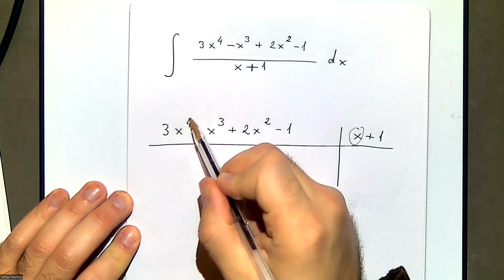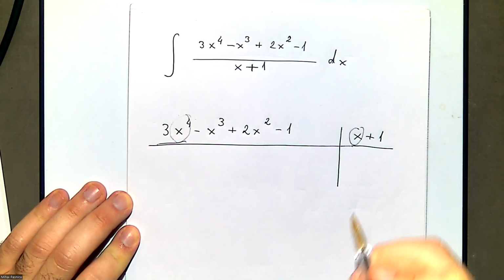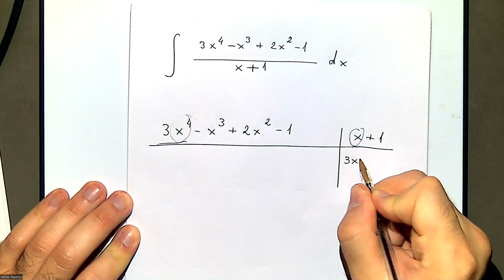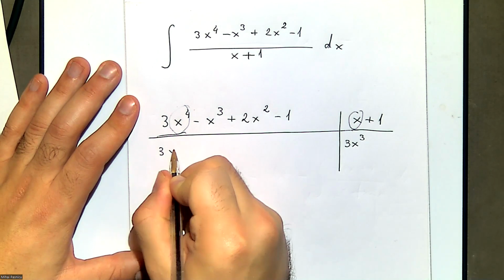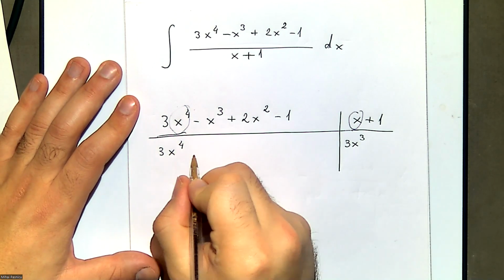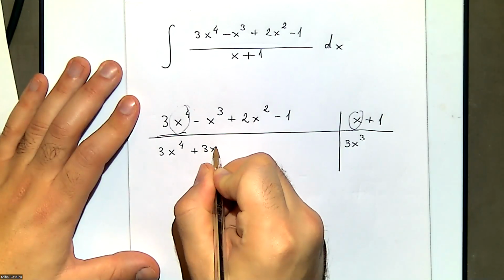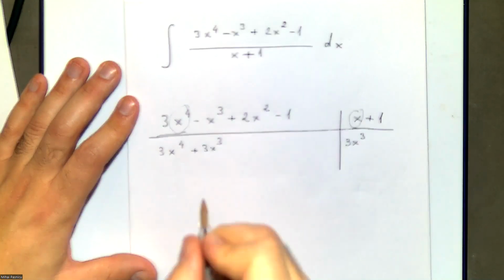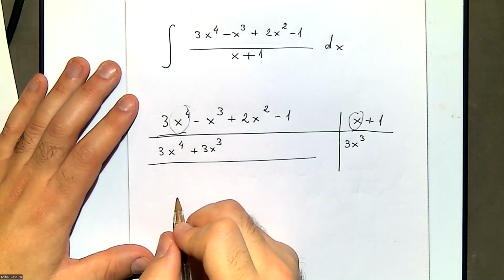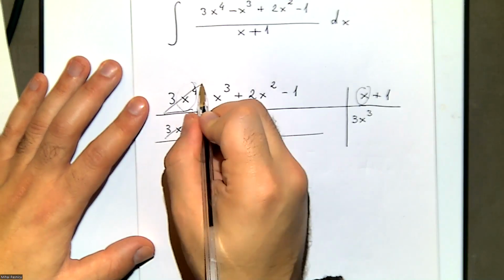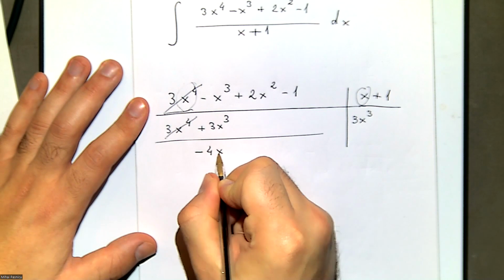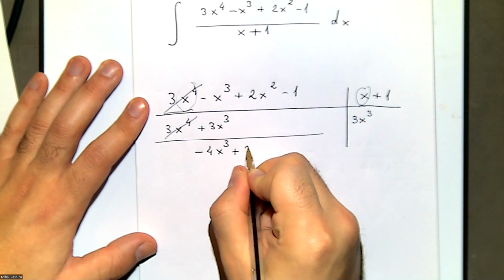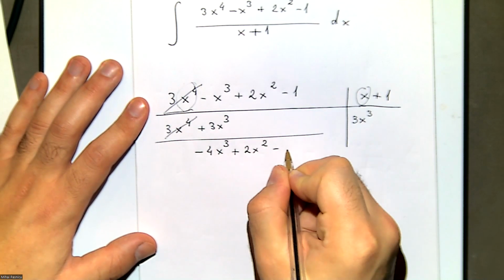x, how many times in 3x fourth? The answer is 3x to the third. So I do 3x to the third, multiply with this, and I get 3x to the fourth plus 3x to the third. See what I get? This cancels with this, and I'm stuck with minus 4x to the third plus 2x squared minus 1.